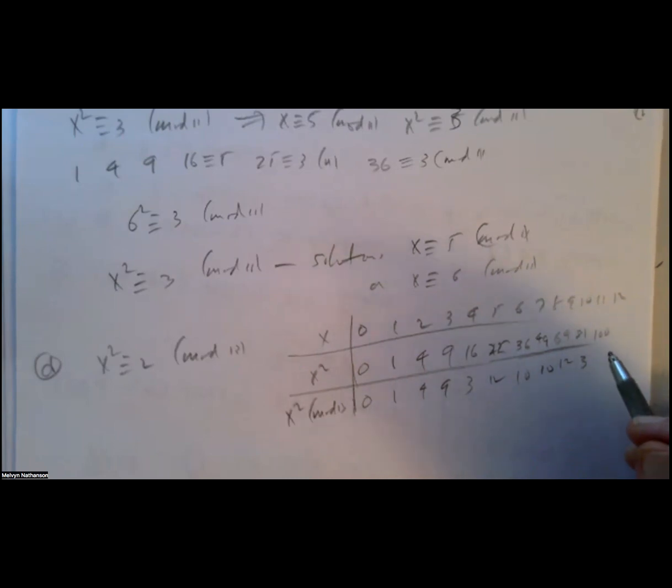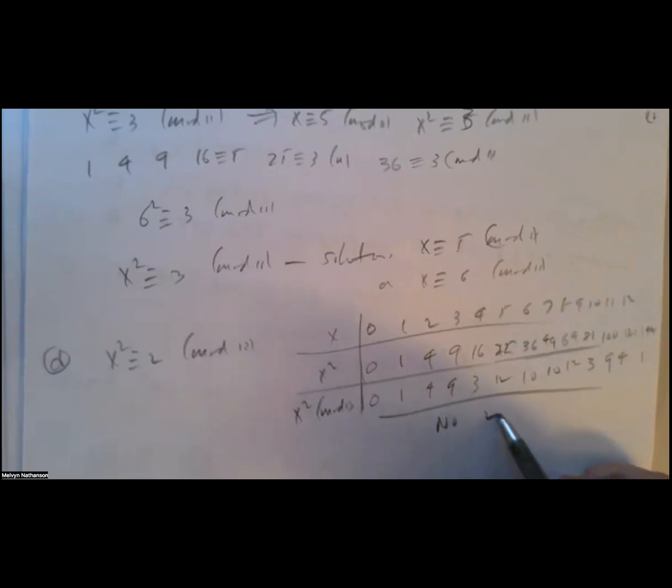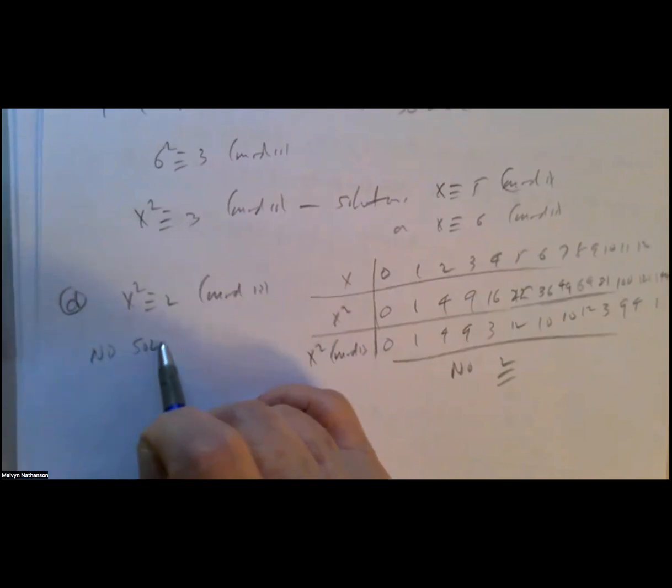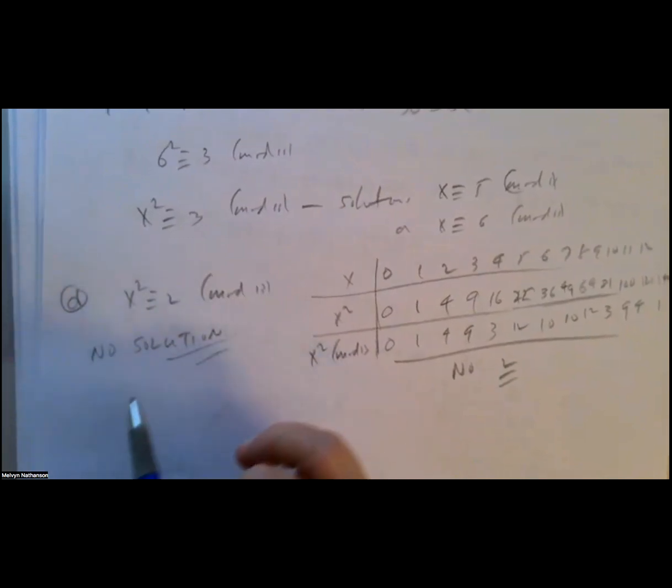What is that mod 13? 7 times 13 is 91, so this is 9. 11 squared is 121. Modulo 13, that's going to be 4. 12 squared is 144. Modulo 13, that's 1. There's no 2 here. So this congruence has no solution. And so on.